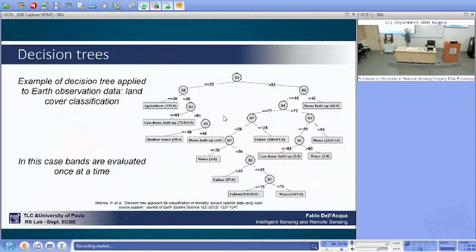Naturally, what you don't see here is that there has been a step prior to the tree where labeled samples from a given area were used, were applied the CART to them, and it came up with this tree structure. B4, as you may remember from our exercises, B4 stands for red. 2, 3, 4 are the bands which relate to blue, green, red, respectively. So B4 is red.